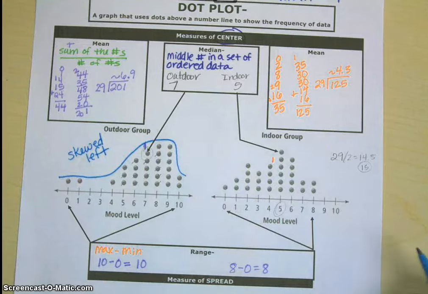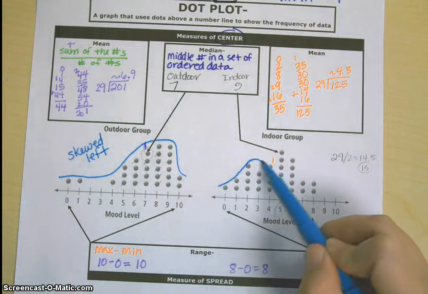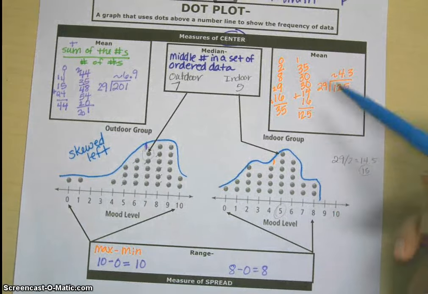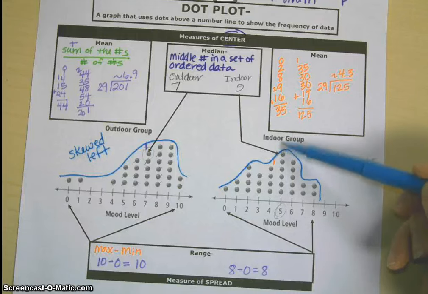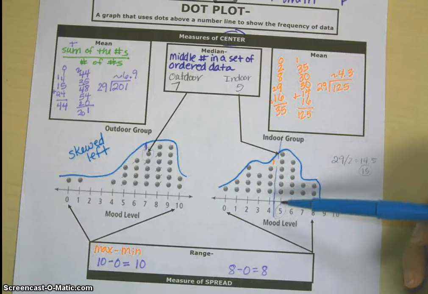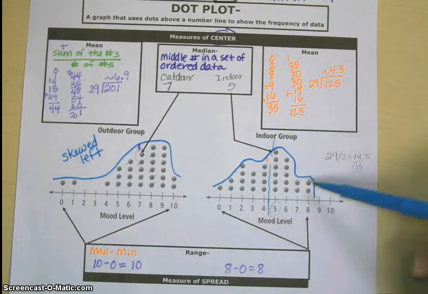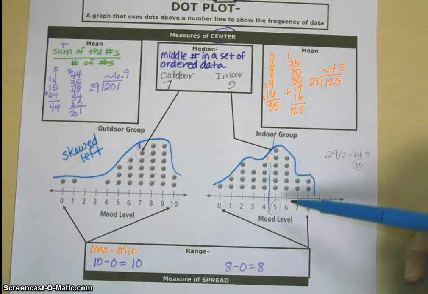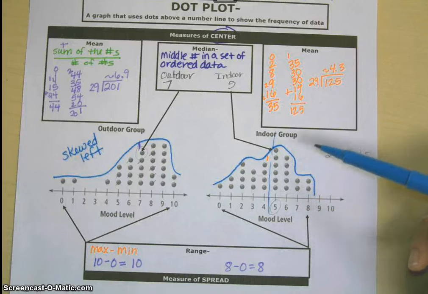Now if we look at the other side, we kind of draw it. This one's kind of interesting because remember, it's all basically around the middle. While it's not perfectly symmetric on both sides, it's closer to symmetric than skewed either way. It does look like it's pulled a little bit that way, but I would call this a pretty symmetric, not perfect, but close to symmetric dot plot.